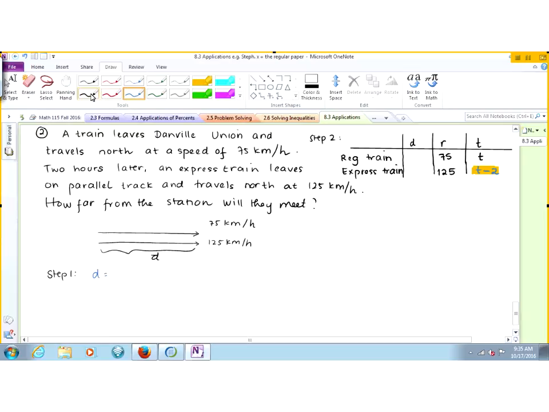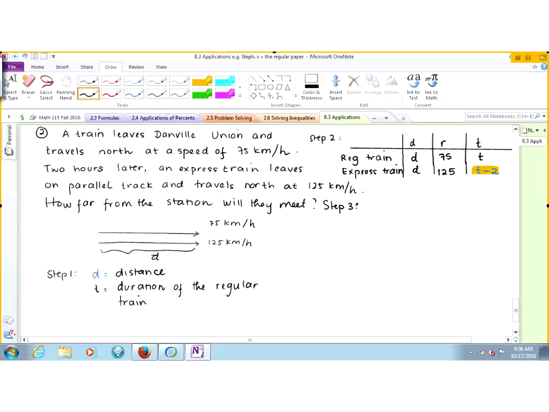And then the d, we don't know the d, so the d is distance. You have to write down the definitions. And what is t? The duration of which train? The regular train. Okay. So this is D and this is D. All right.